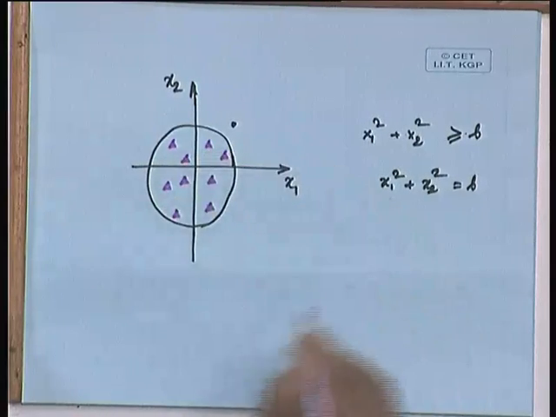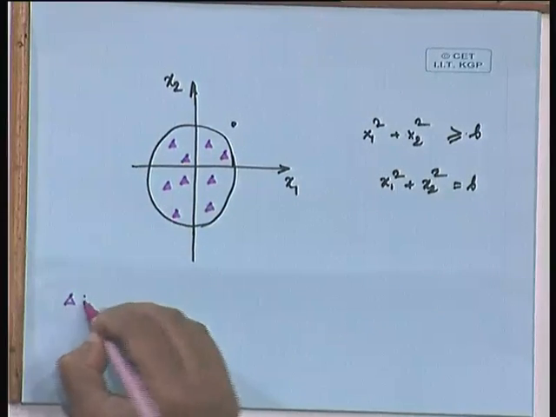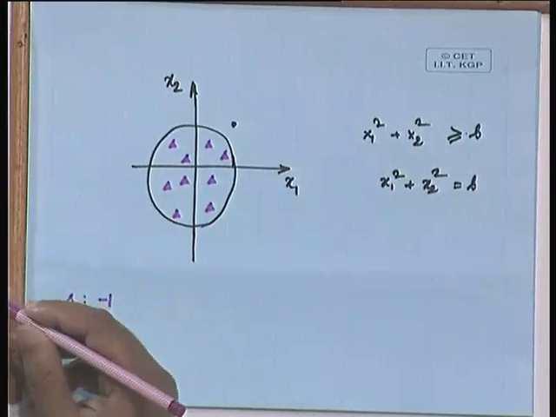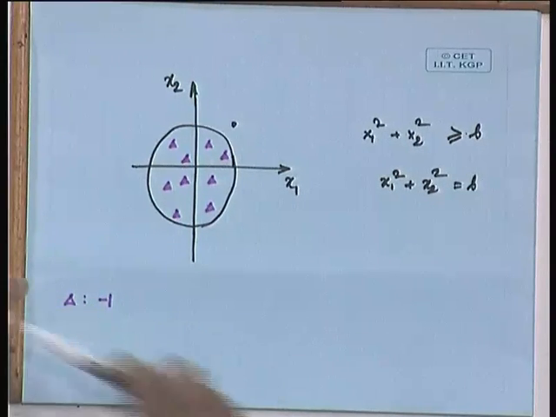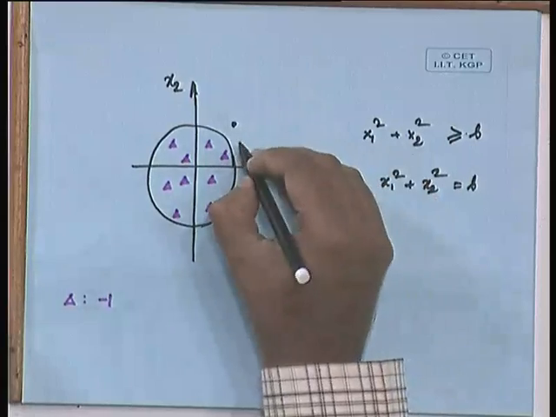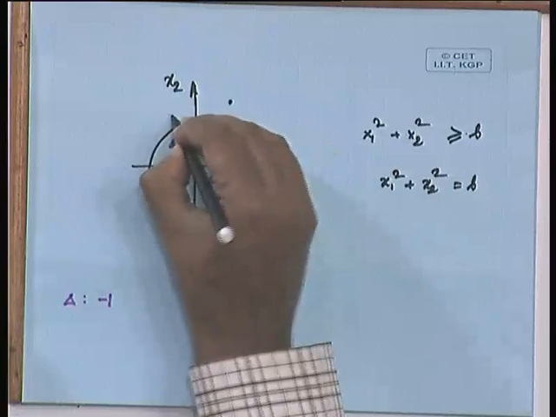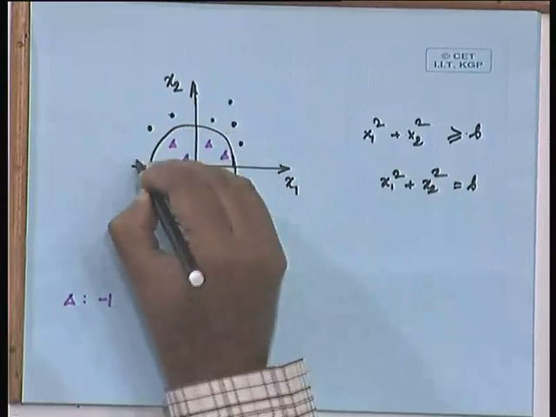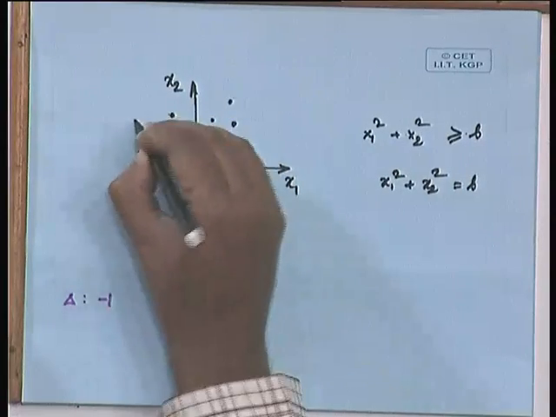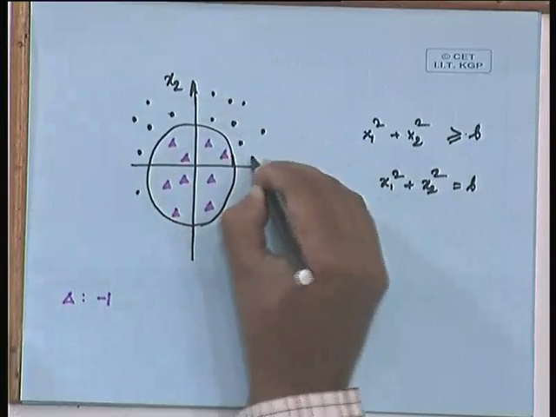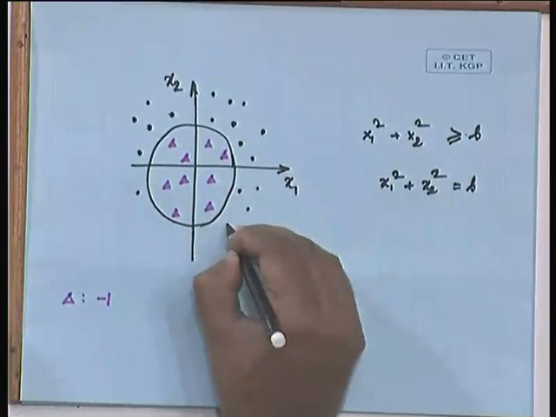When I indicate the patterns with this color, it will indicate an output equal to -1, and when I indicate the patterns with this color, instead of using the triangle I use a filled circle, just to make a distinction between the two categories of patterns.